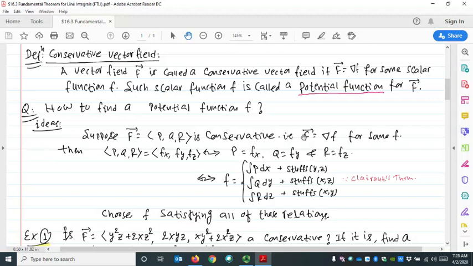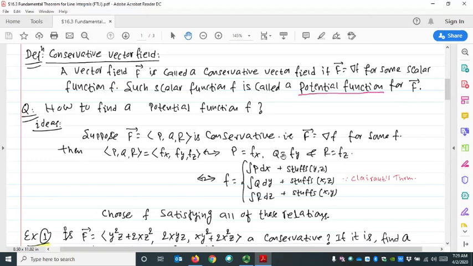Then the vector field is P, Q, R, and the gradient of f is fx, fy, fz. Two vectors are equal if and only if the corresponding components are equal. So P equals fx, Q equals fy, and R equals fz.